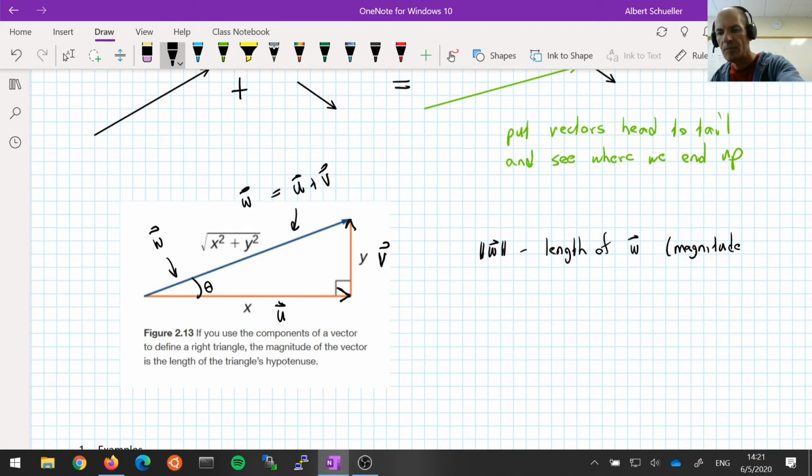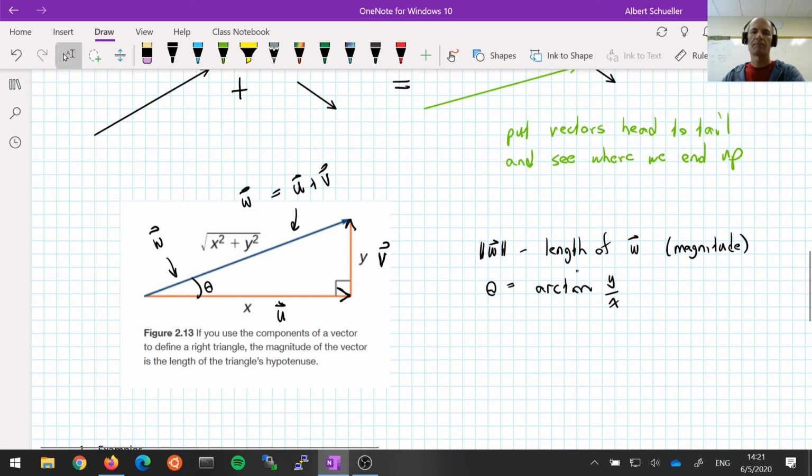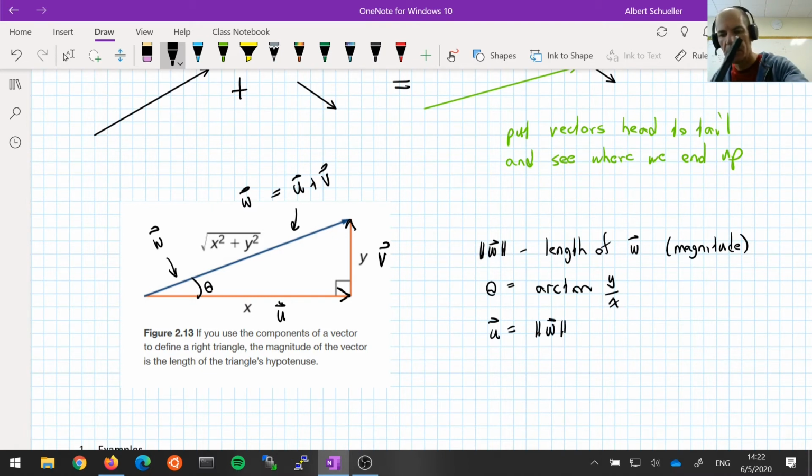And we can figure out theta by taking the arctan of y over x, and we can write the vector u, the horizontal component, is just going to be the length of w times the cosine of theta, which we could figure out from the arctan.